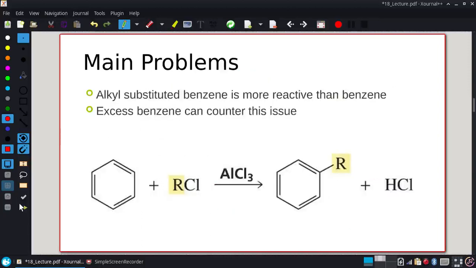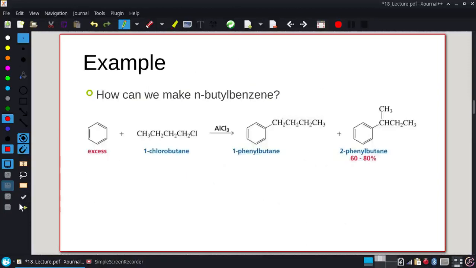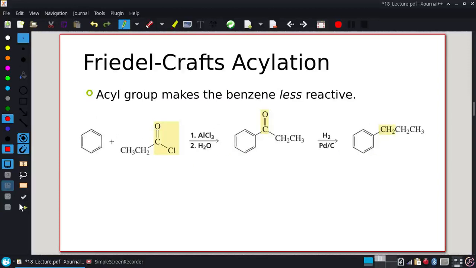Alright, so because of that, we have to have a different strategy. We'll come back to this later. So how are we going to guarantee we can make n-butylbenzene? Well, the strategy is almost always the same.